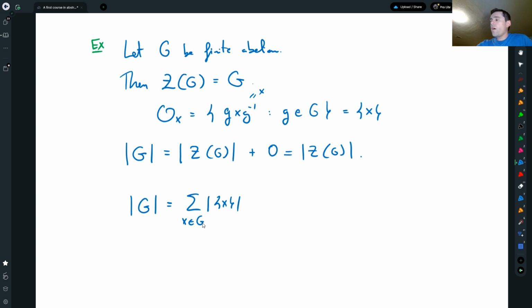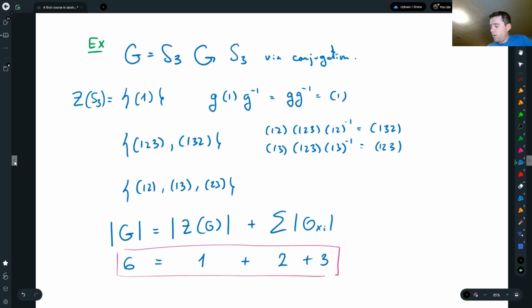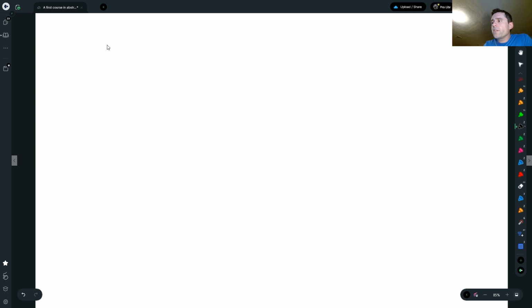Okay, so now let me go back to the class equation and replace, as I said, the sizes of the orbits by a certain index. So now let's go back to the case of G acting on G via conjugation.